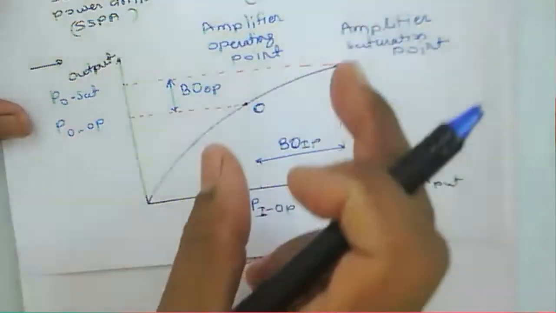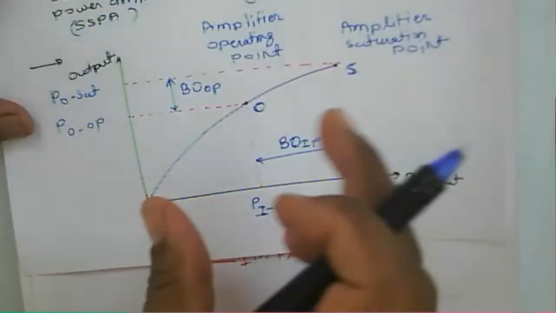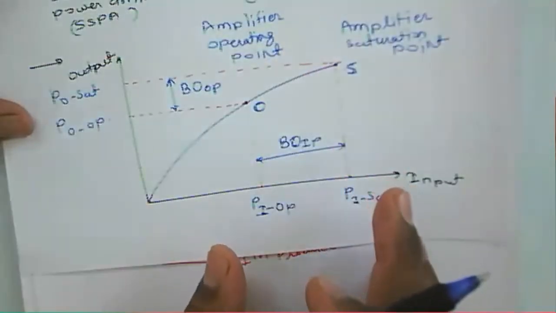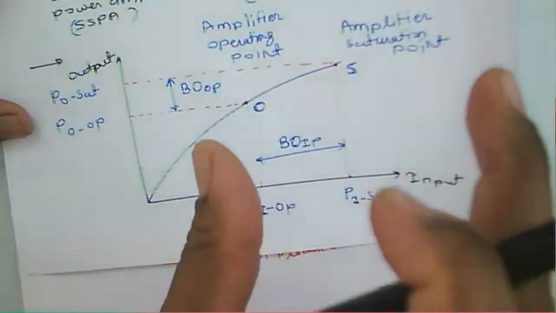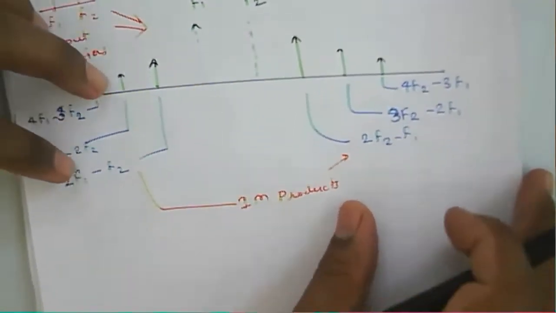If the amplifier saturates, then it will generate the intermodulation product. Means the amplifier will produce a distorted output. Means there will be a distortion.